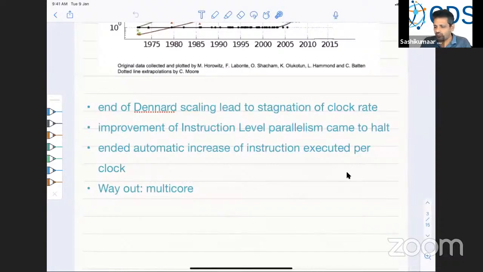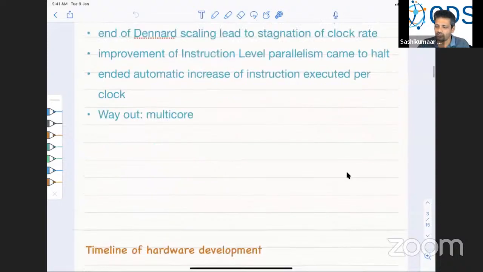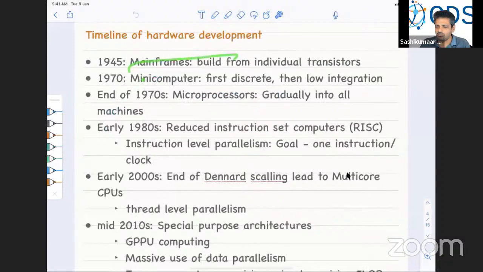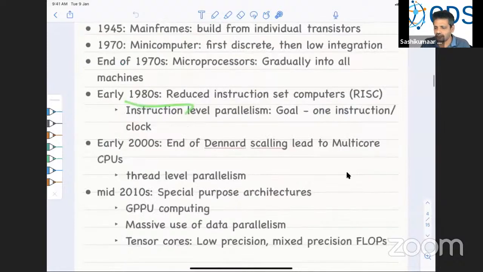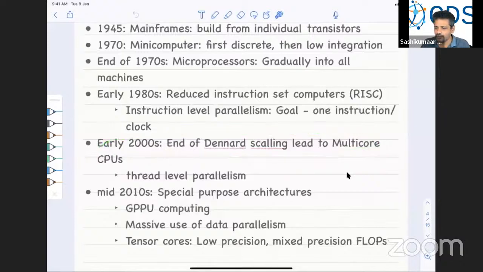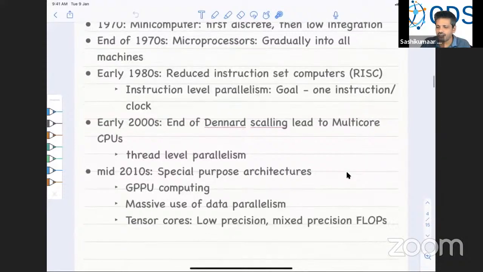So this is what I reiterate: the way out is only multi-core. Once we are talking about multi-core, there is no other option, we have to learn it. Again, the timeline of hardware developments: mainframes, then minicomputers, the 90s with different technology, and then the era when we started seeing multi-core CPUs and thread-level parallelism. Especially in the mid 2010s came GPU computing.